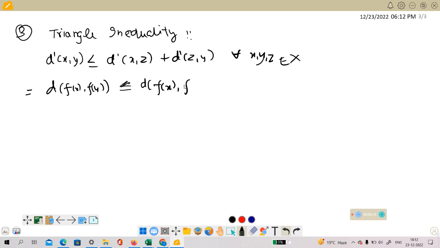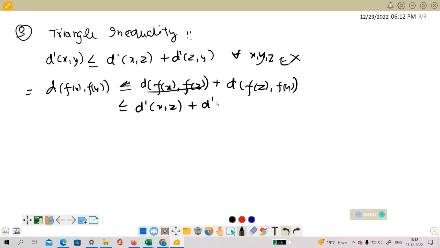So we use the triangle inequality in (Y, d): d(f(x), f(y)) is less than or equal to d(f(x), f(z)) plus d(f(z), f(y)), which according to the definition is d'(x, z) plus d'(z, y).